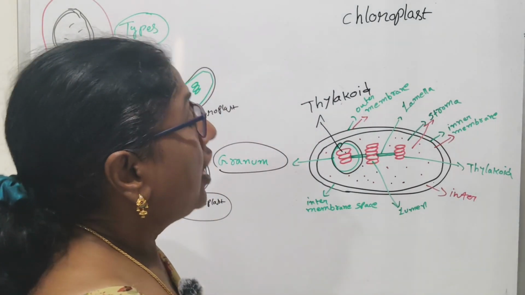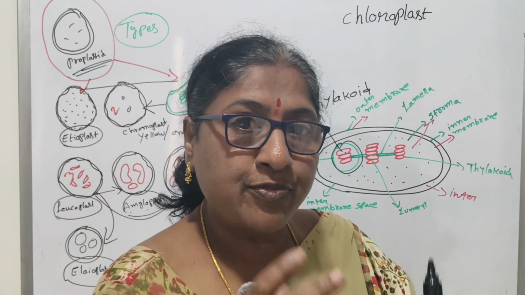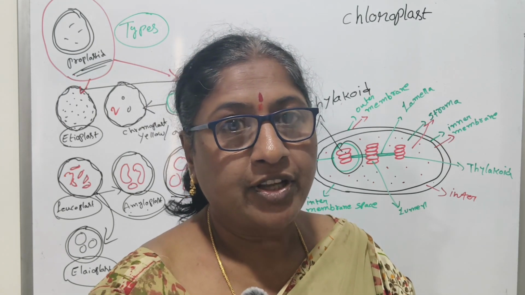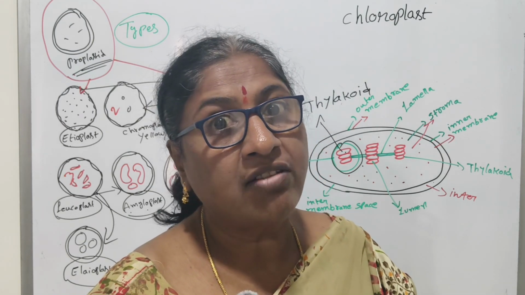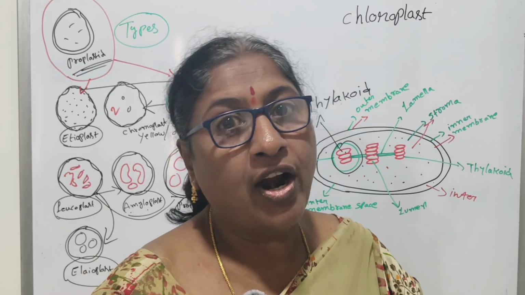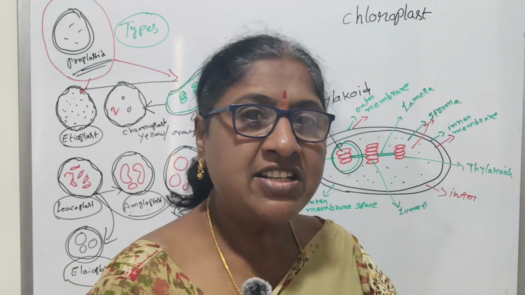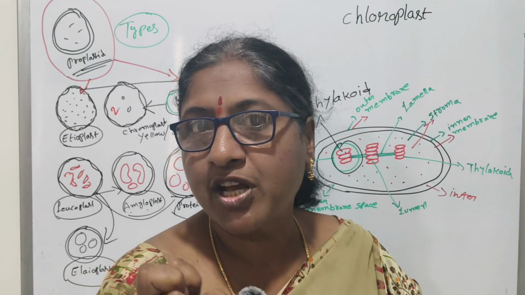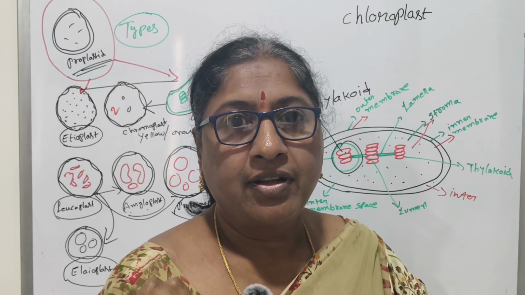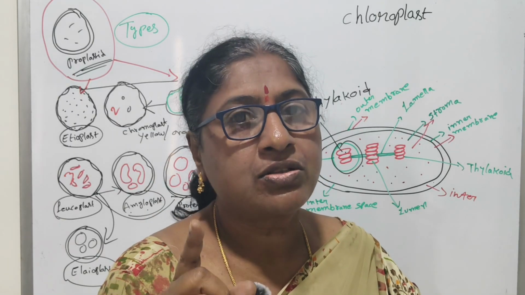If you observe, a chloroplast absorbs the visible wavelength, especially longer wavelength of red light and shorter wavelength of blue and violet light, whereas it emits the green light. That is, a plant doesn't absorb the green light, it emits the green light. That's why a plant looks green in color.